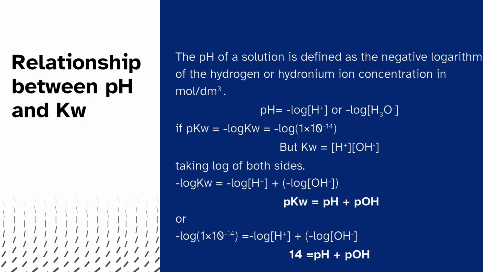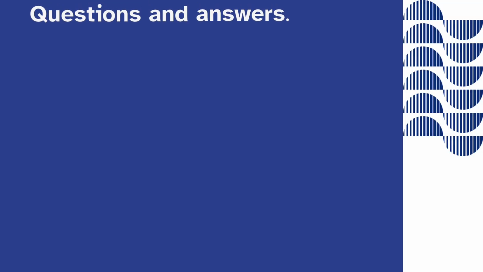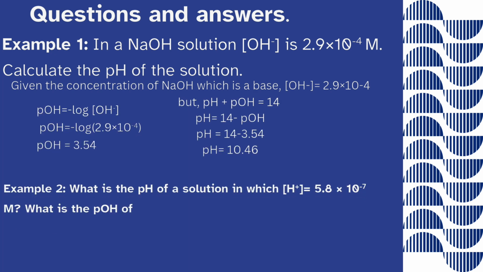So together we can say that pKw equals pH plus pOH, which is equal to 14, so 14 equals pH plus pOH. And that can be used to solve our questions.